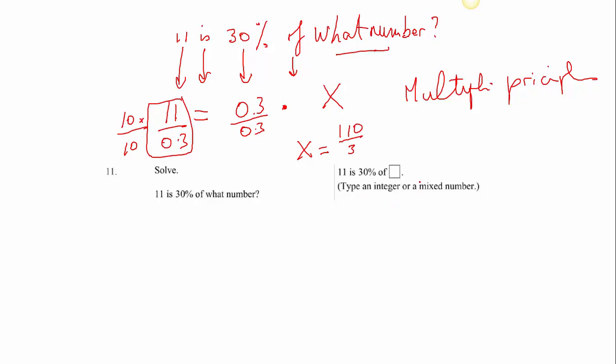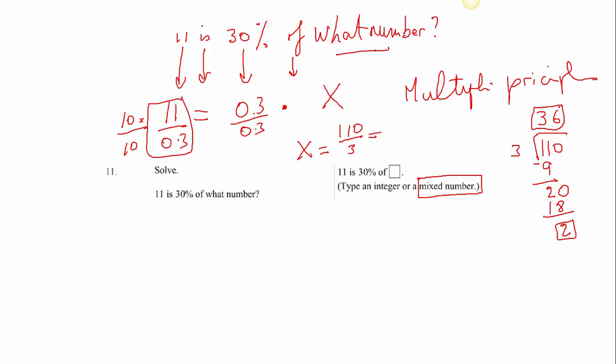Now, since they want the answer in mixed number notation, we can go ahead and divide. 110 divided by 3. 11 by 3 is 3. 3 times 3, 9. Subtract, 2. Bring down the 0, 20. 20 divided by 3 is 6. 6 times 3, 18. And the remainder is 2. So we stop here.